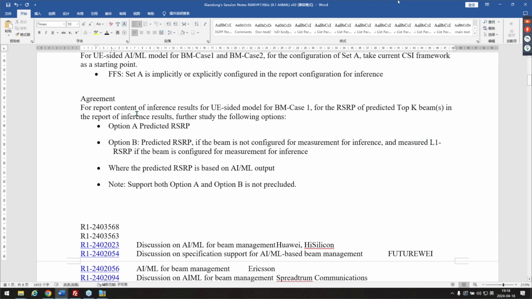So we don't need to repeat everything. And then towards the end of the second bullet, is configured for measurement and delete for inference. Yes, and also the end of the sentence, for inference, yeah, delete for inference. Yeah, thank you.